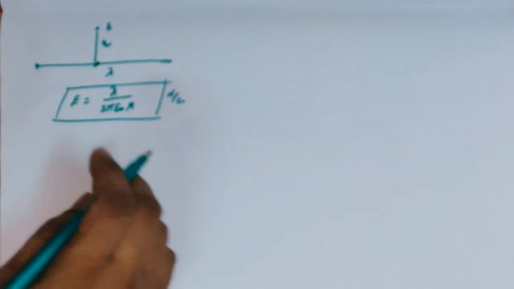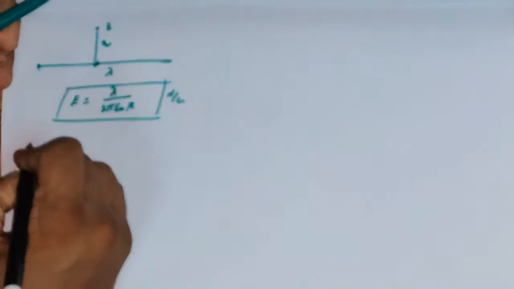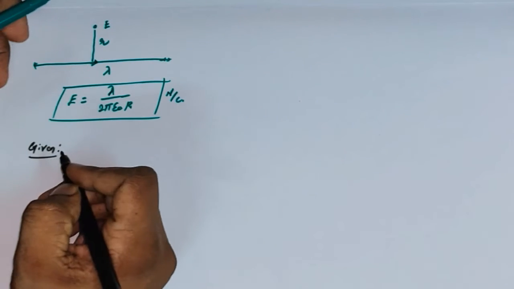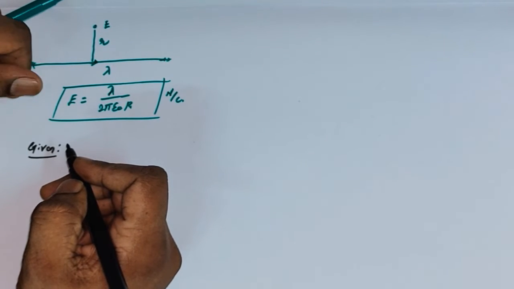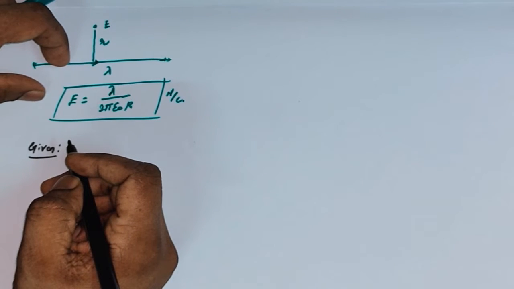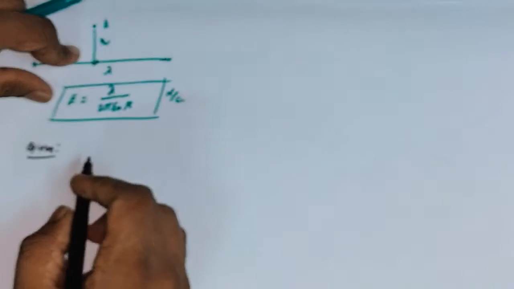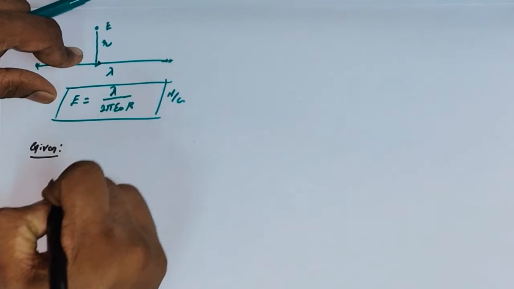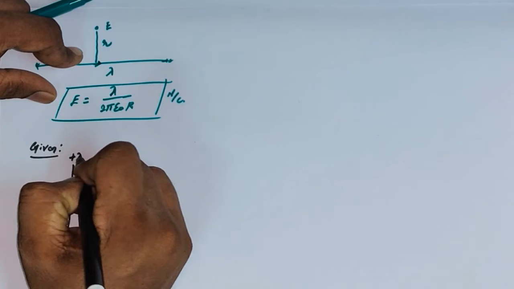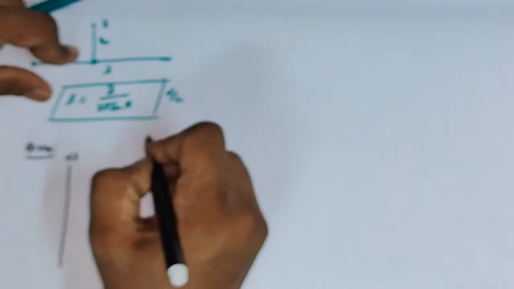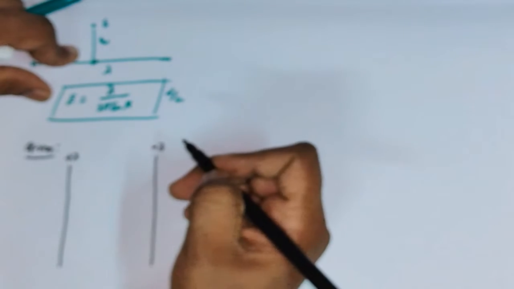So now what is the question? First we want to picturize the problem. Two parallel infinite line charges with linear charge densities plus lambda and minus lambda are placed at a distance 2r. This is one line charge with density plus lambda, and then the other line charge has density minus lambda.